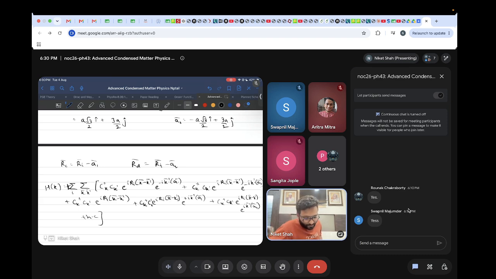So what do we end up getting? We can sum over I. e raised to power I R I k minus k prime is equal to what? Delta of k minus k prime.